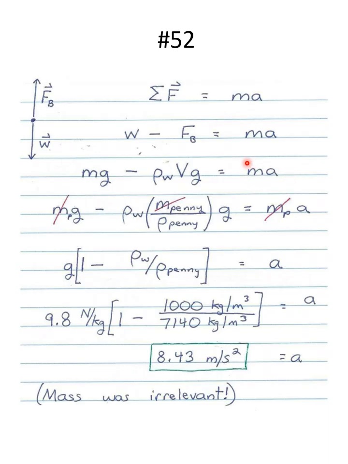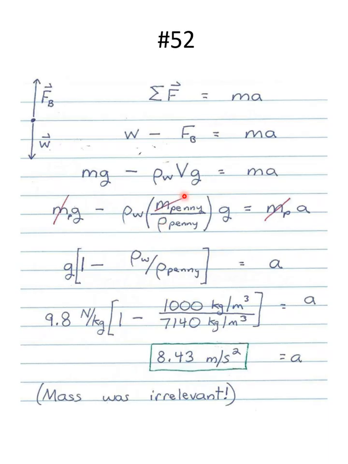So remember Archimedes' principle, this bit where my red pointer is, says that it's the mass of the fluid that's been displaced. So it's the density of water times the volume. All right, so mass of the penny times g, that's the weight of the penny, minus density of the water times the volume.